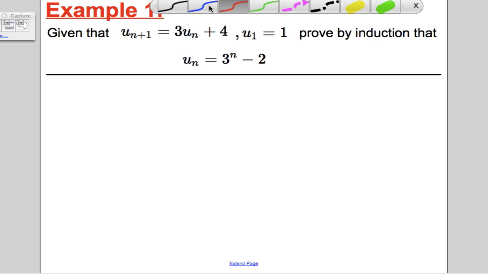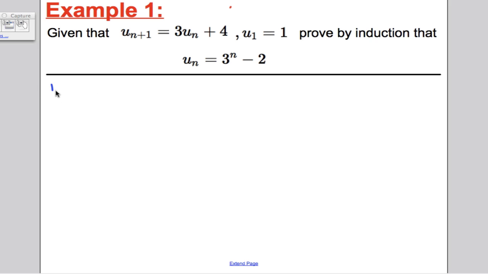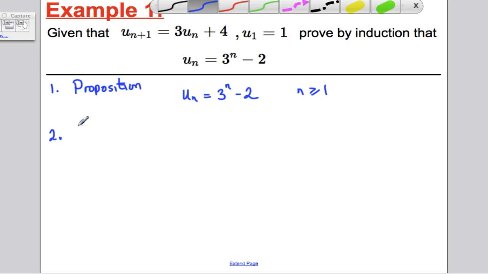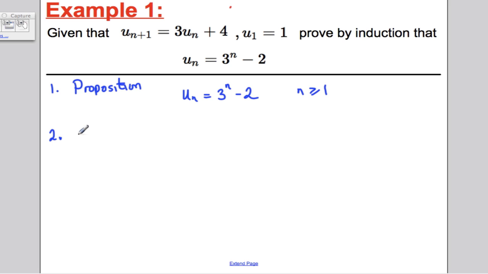Okay, let's use our induction. Step 1, we're going to state our proposition. Our proposition is simply that u subscript n is 3 to the power of n minus 2 for n bigger than or equal to 1. The next stage is the basis case, and we are checking this statement is true when n equals 1.